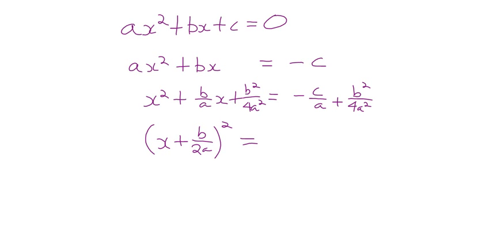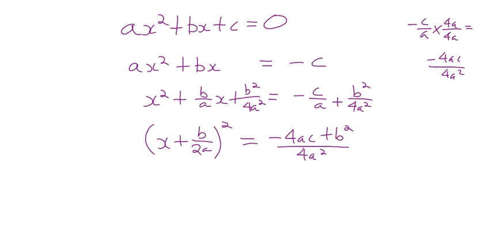Common denominator: I need a 4a squared, so there's going to be a 4a times a 4a. So negative 4ac over 4a squared.